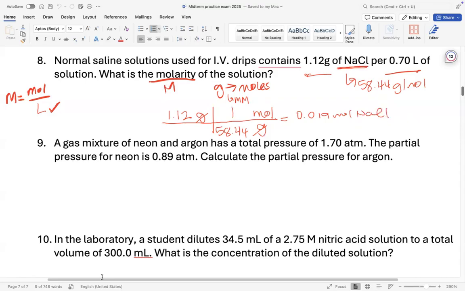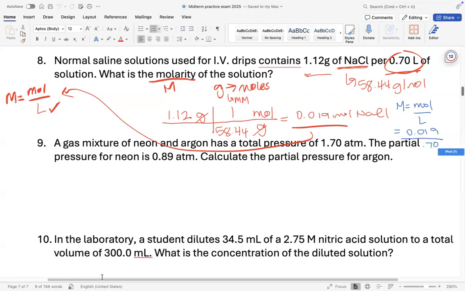So this is great. We are already given our liters in the problem, and now we have our moles. So now I can finally plug in this formula. But I've used a lot of space here. It's getting kind of messy. So I'm going to change to blue. All right, so molarity equals moles over liters. Moles we just solved for is 0.019.